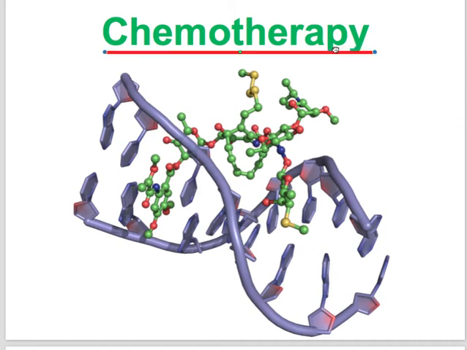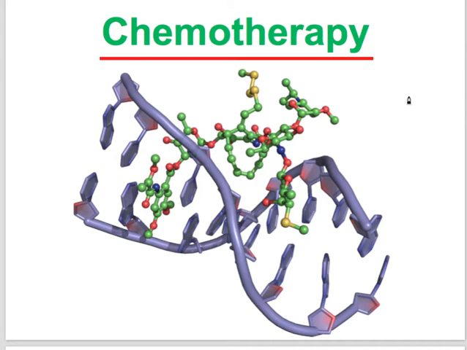So, chemotherapy is basically what we use in a lot of cases to treat cancers. The basic principle behind cancer is that you are making too many cells, okay? To make too many cells, you need to have lots of raw materials. One of the raw materials you need to make more cells is nucleotides and DNA, okay?